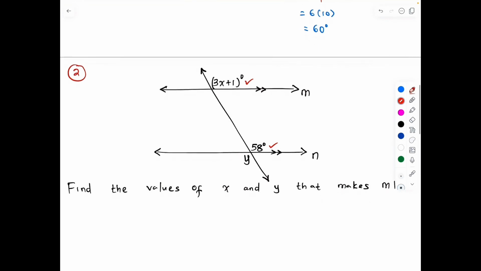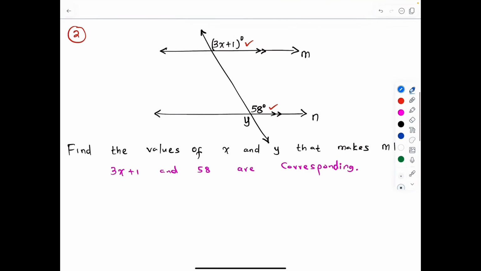So we know that 3x plus 1 and 58 are corresponding. And what do we say about corresponding angles? We say that corresponding angles are congruent.